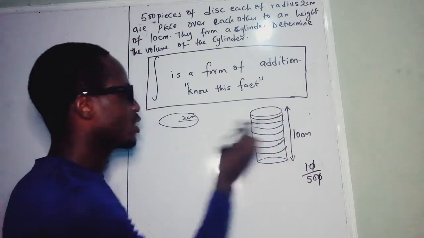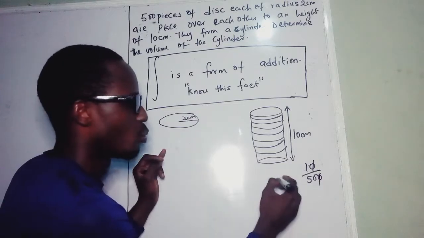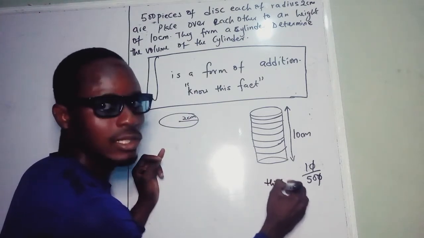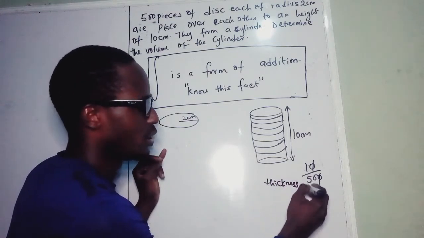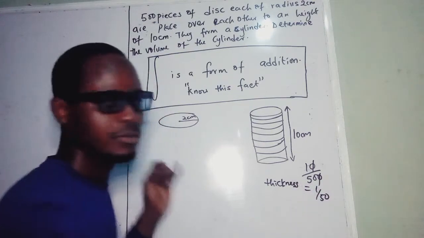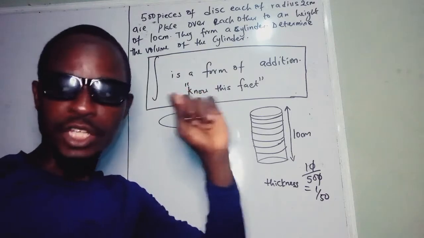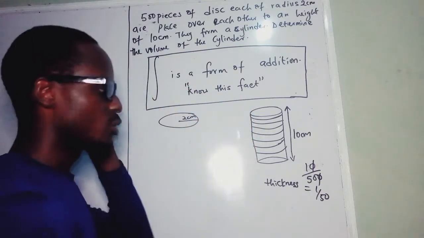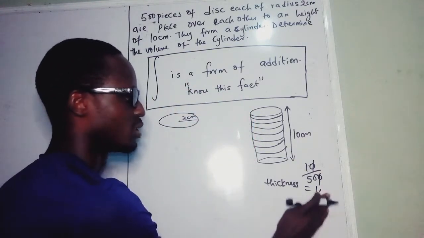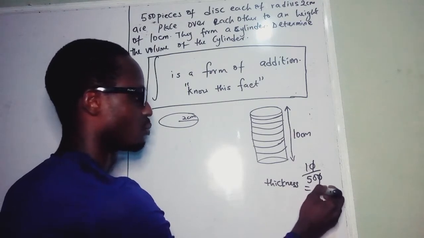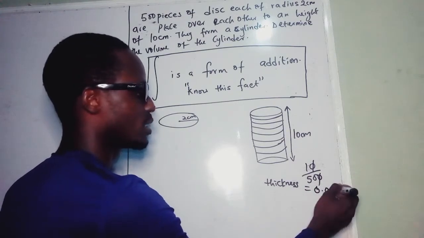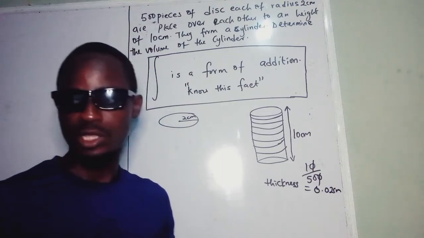So the thickness of each disc is 1 over 50, which is 0.02 centimeter.